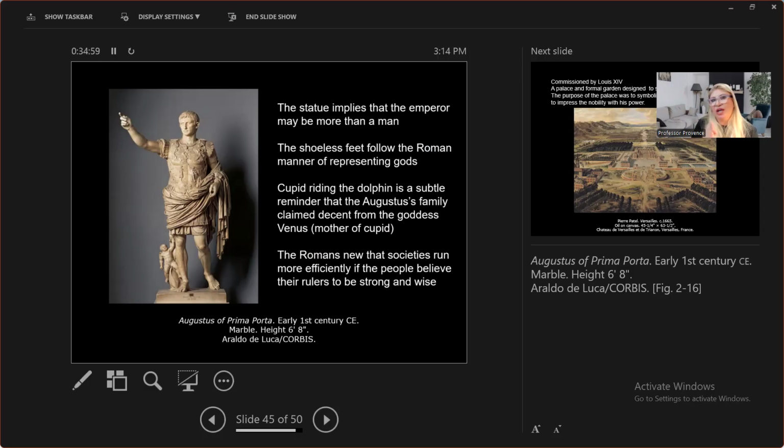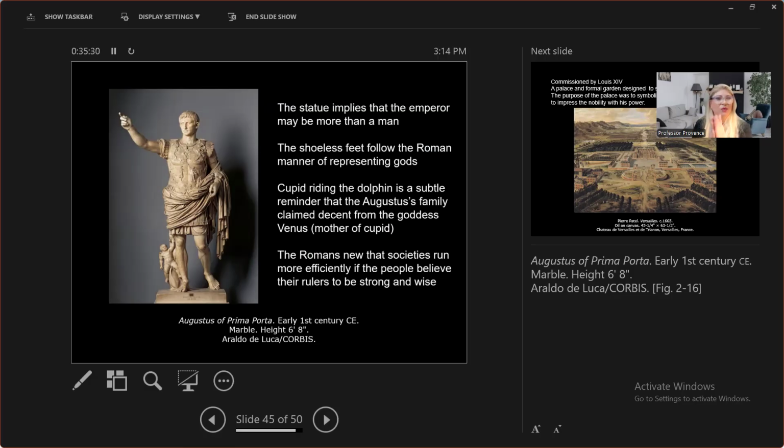And you don't challenge his leadership, because if you do, you are going to upset the gods. Because if you look down here with the iconography, you're going to see this little Cupid on a dolphin. And this was the symbol of Venus's lineage. And so Augustus of Prima Porta actually claimed to be a descendant of Venus.